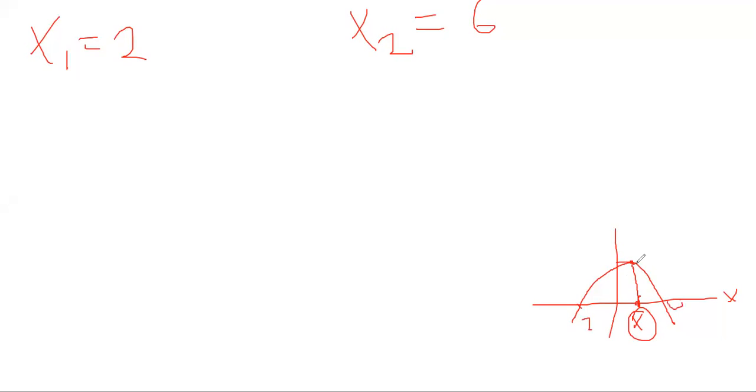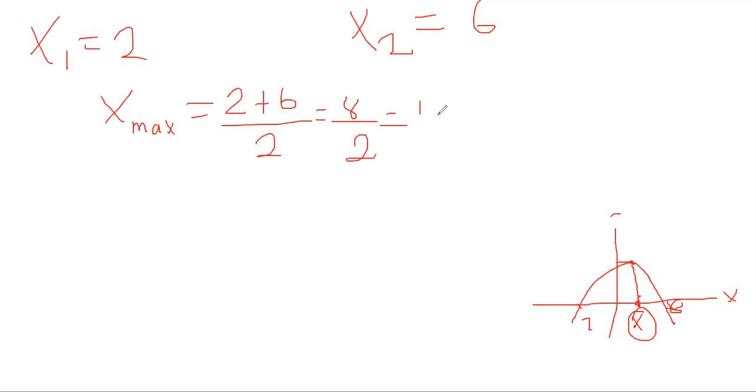But if we want the x value that maximizes this function, all we need to do is find the average of x1 and x2. So x max, the value of x that maximizes the function, will be 2 plus 6 divided by 2. That's the average. So at the end of the day, this will be 8 divided by 2, which equals 4.